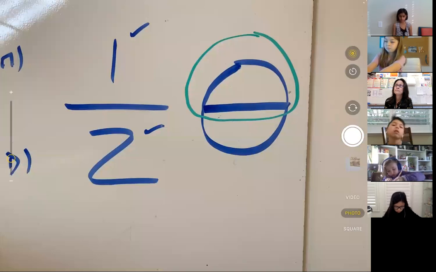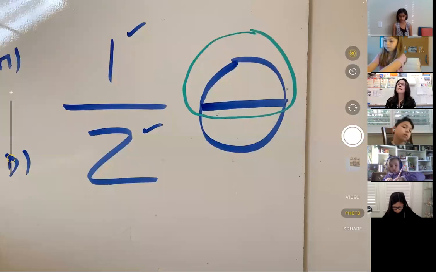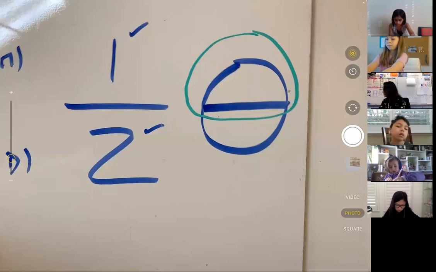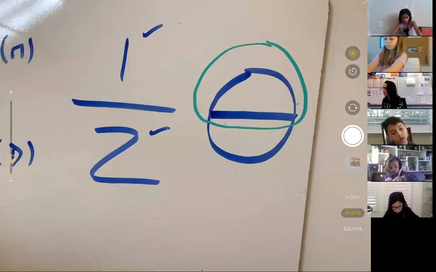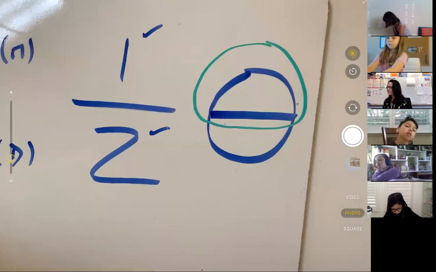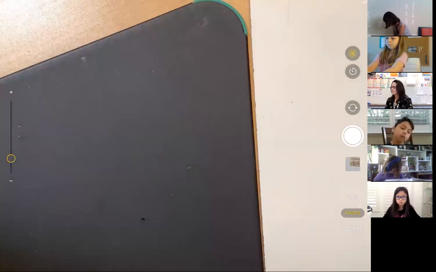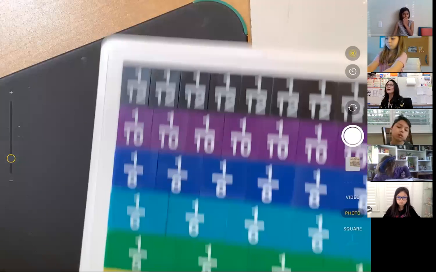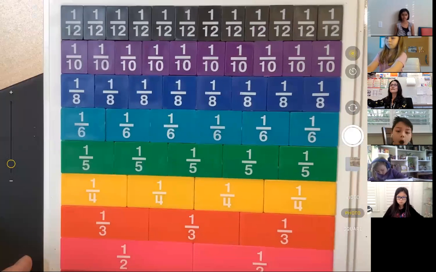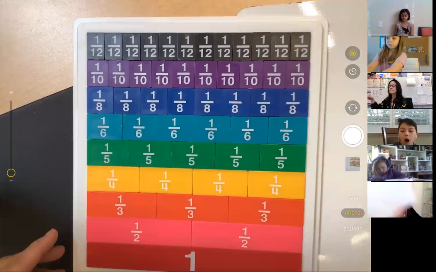All right. I want you to consider something else. I'm going to show you some what we call fraction bars, and they look like this. This is where we're headed, friends. I want you to take a look at your screen right now.